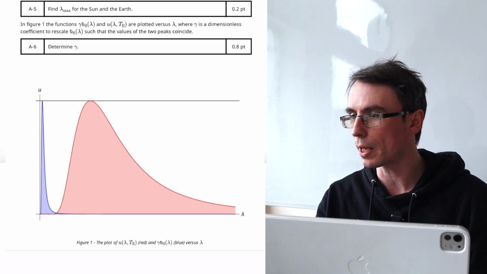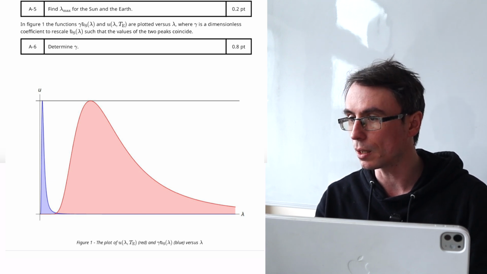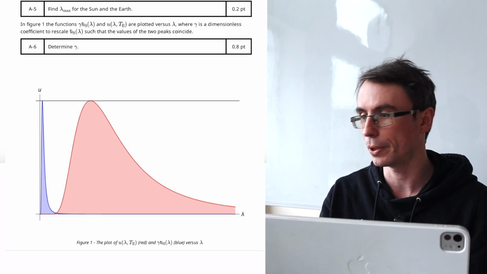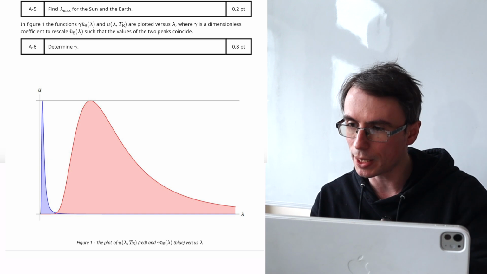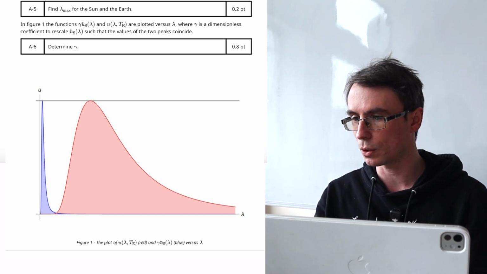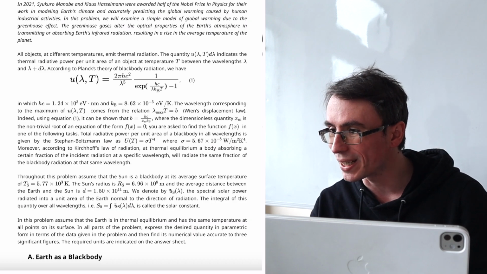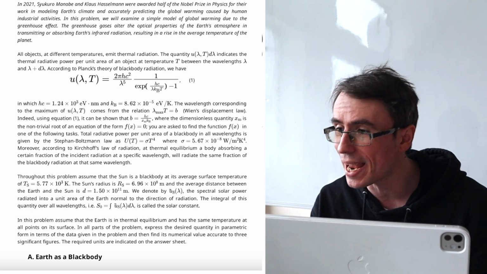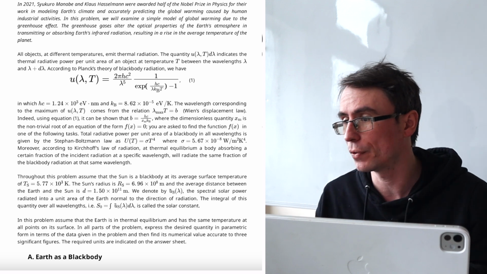And what we have actually are some equations over here, and we can plug in lambda max for those and then rescale them. Notice though that one of them is known as u tilde s on top rather than just u. So what was the difference? Okay, so u with a tilde on top is the spectral power radiated into a unit area of the Earth normal to the direction of the radiation.